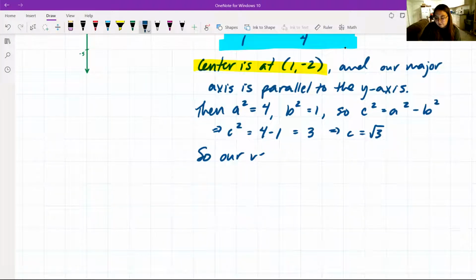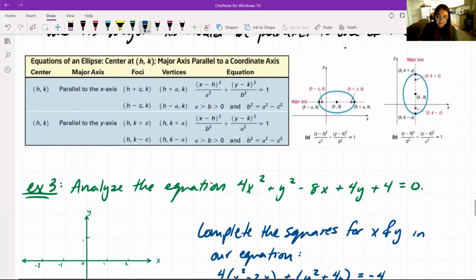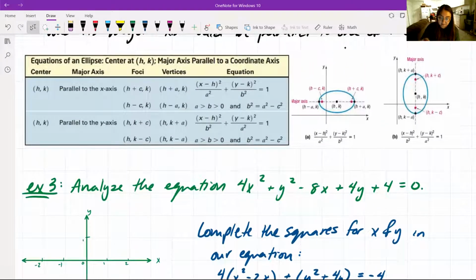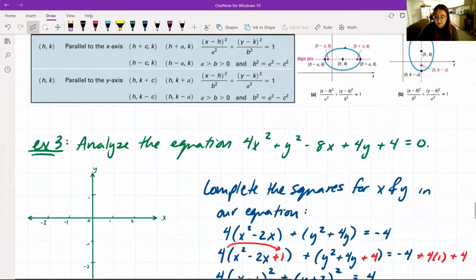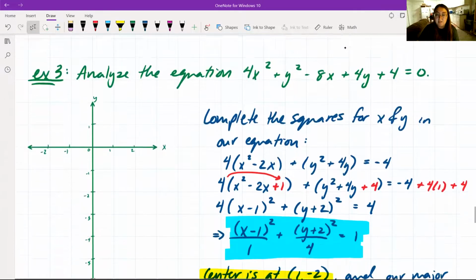So our vertices, if we remember from our graph here, we have our major axis parallel to the y-axis. So our vertices will be at h comma k plus a and h comma k minus a.